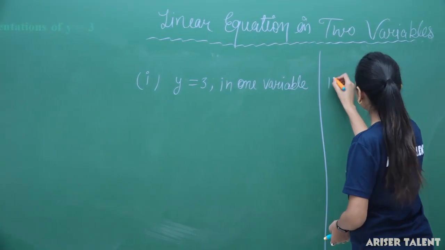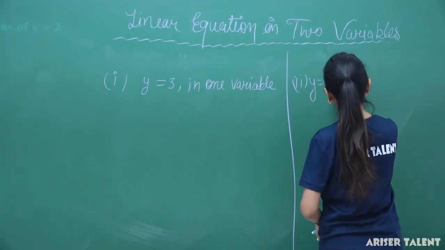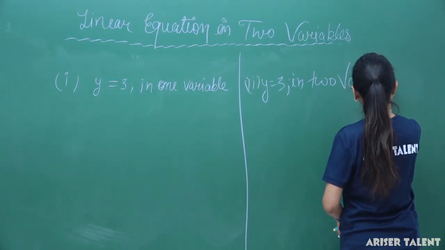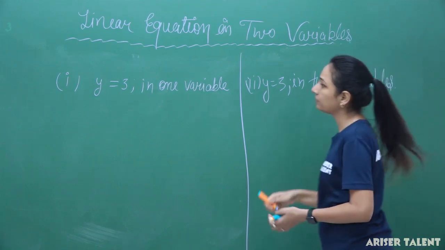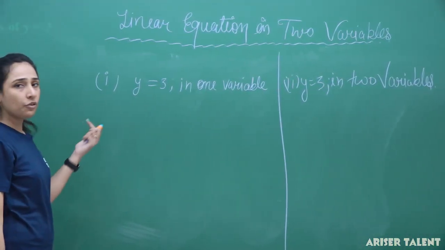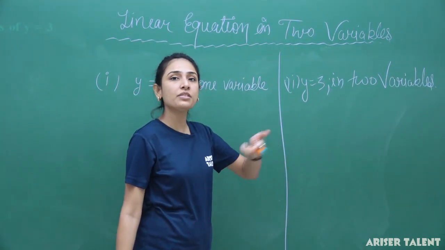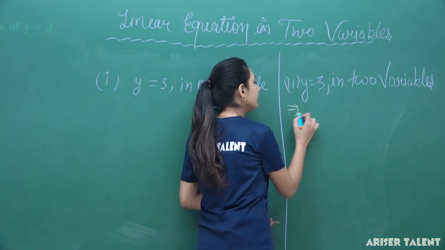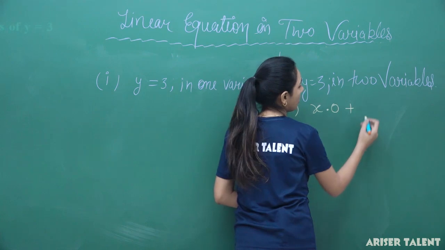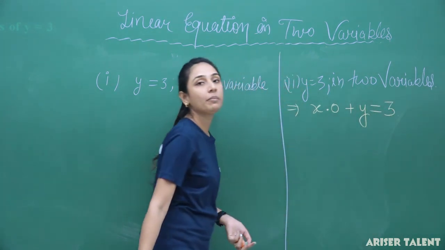Second part is y equals to 3 in two variables, where I will write it as x multiplied by 0 plus y equals to 3. That will be my equation.